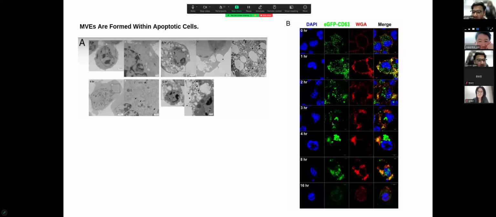After some time, these CD63 particles moved to the perinuclear region, and then at 8 hours they fused with the membrane and were released from the cell. After 16 hours they were completely invisible, showing that all the CD63-containing particles have been released from the cell.